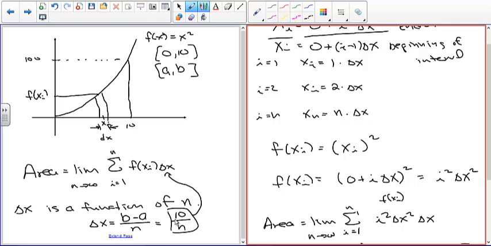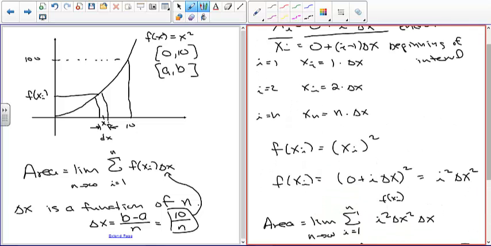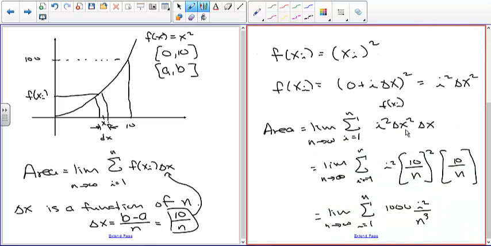Delta x is, well, for delta x here, I can put in 10 over n. And also delta x here, I can put in 10 over n. So I do that twice because for the value of the function, I've got i squared delta x squared, so that's f of x sub i, and this is delta x. That's the width of the rectangle. So for both delta x here and delta x there, I put 10 over n. For my case, delta x was 1 that I showed you graphically.